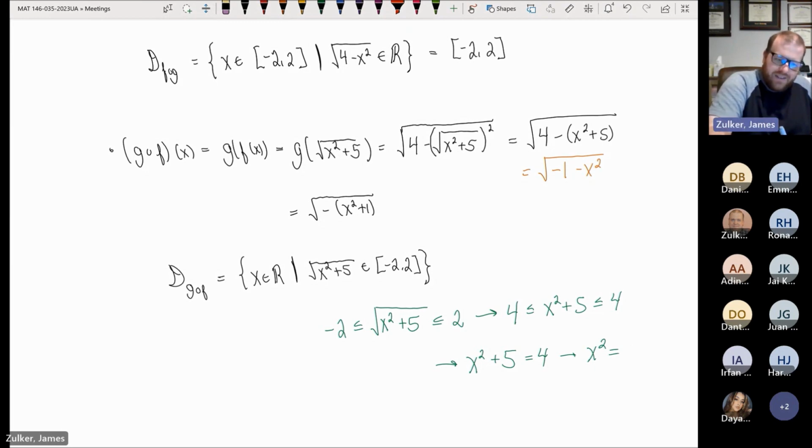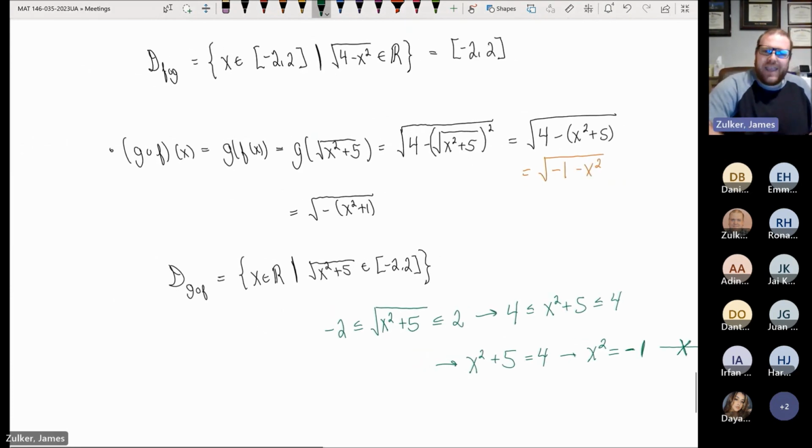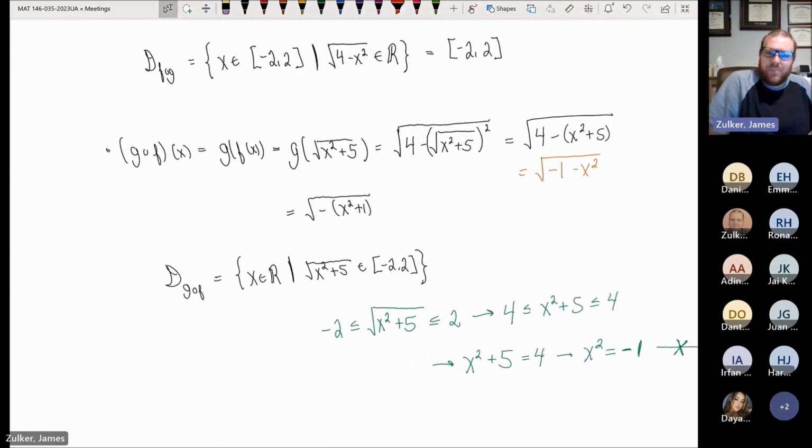But wouldn't that mean that x squared would have to be -1? Which in the real plane, which is what we're working with, real numbers, is a contradiction.